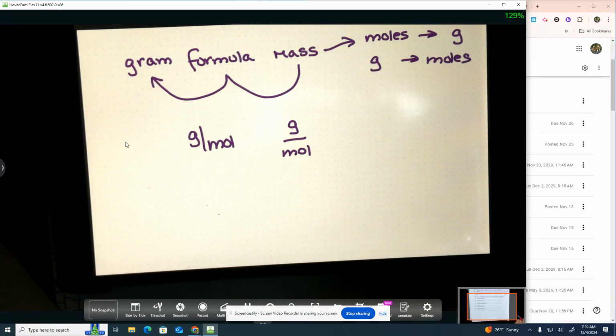So you'll have grams, you'll translate it to moles, you'll do your chemistry magic, and then you'll turn it back into grams. That's how it'll work. Okay? Because we are working with atoms, and we need to always work in moles of those atoms, in groups of those atoms. You understand?